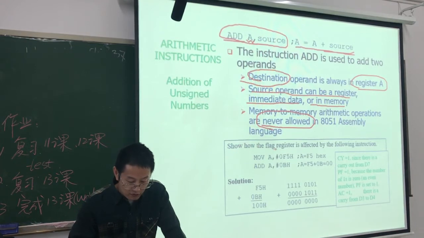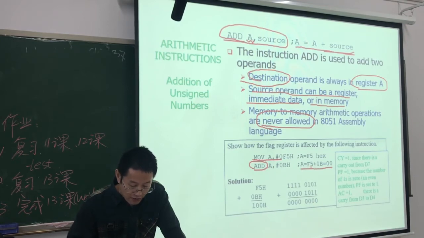Show how the flag register is affected by the following instruction. This add is ADD 4, 5 and 0B.